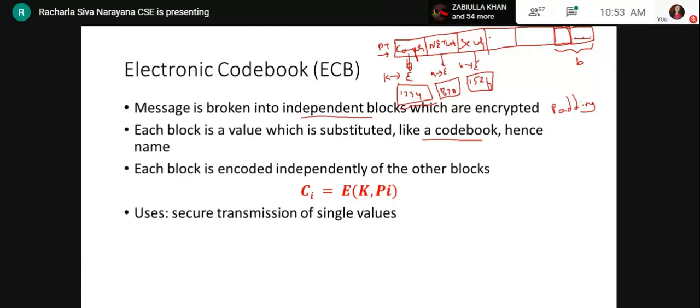And here we have computer again. We perform encryption with the key, and then we get the ciphertext 1234.